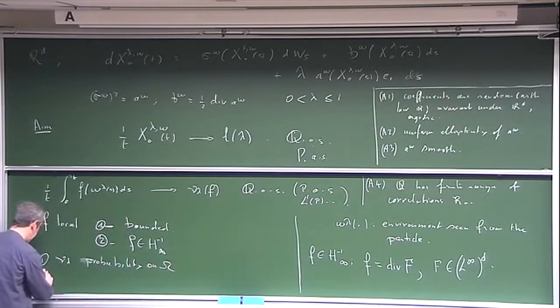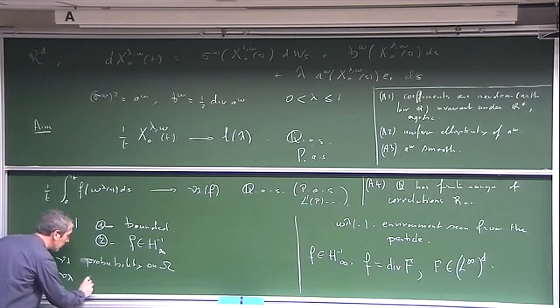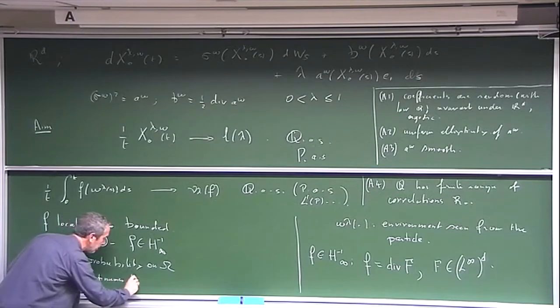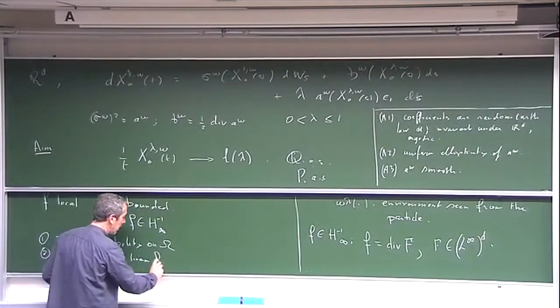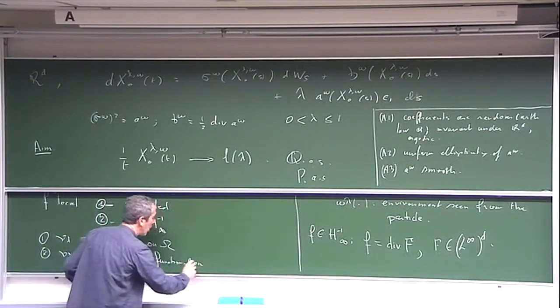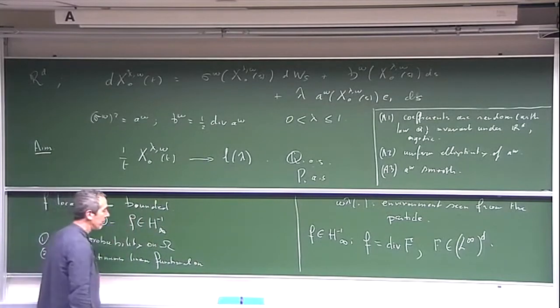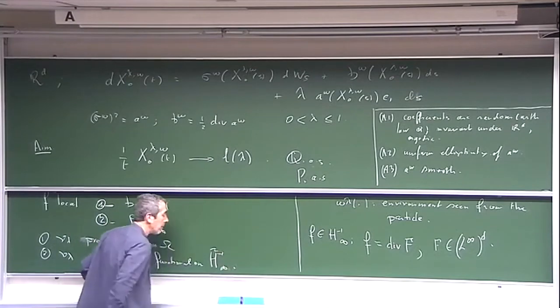And in case 2, ν_λ will define some linear functional, a continuous one. So this is a continuous linear functional on the completion of this space of local functions which are in H^{-1}_∞, that we called H̃^{-1}.